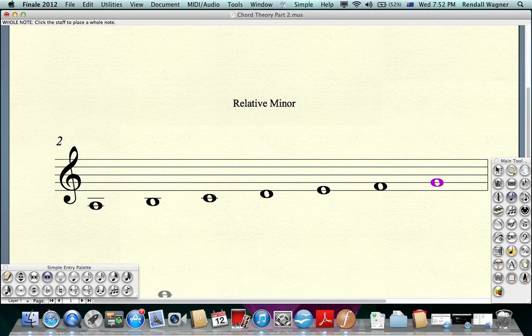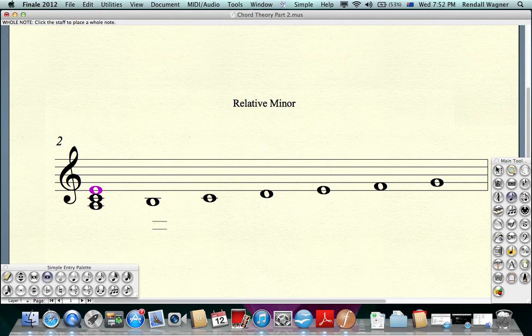Now we're going to do exactly the same thing as we did before, and that is put in the triads, and the way to do that is just put them on the 3rd and the 5th intervals above it. If your bottom note starts on a line, which it does here, then we just go on the line above, that's the 3rd, and a line above that, that's the 5th, and that gives us our triad.